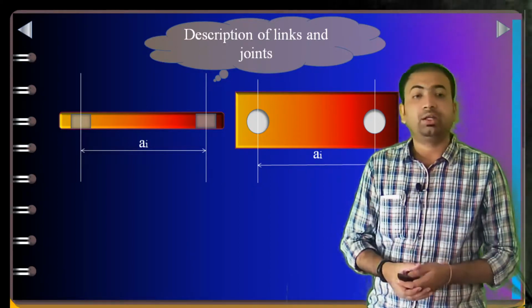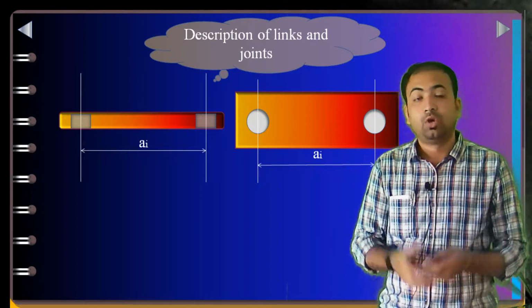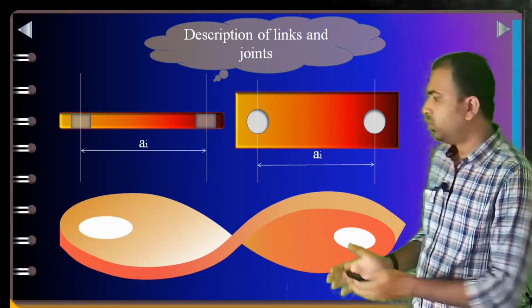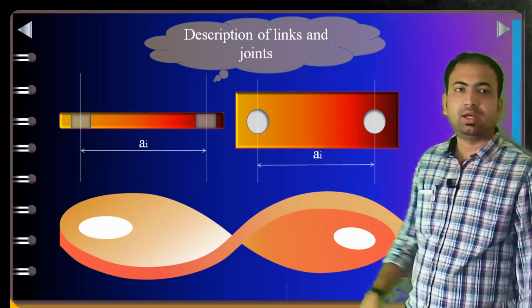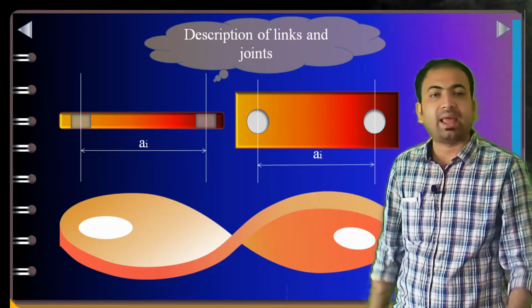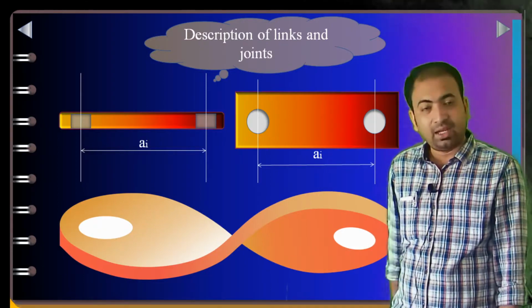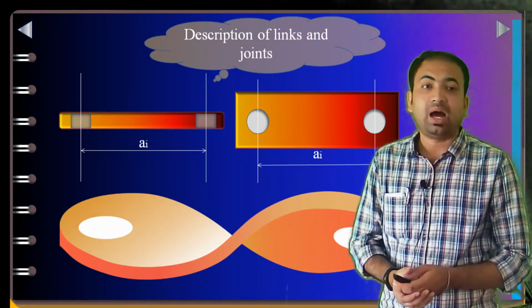Point number 2 is that some links will also be twisted. What happens if we twist any link? You see, we will get something like this. Here the same link is twisted by some angle, which is known as the twist angle, and that angle will be represented by the term alpha.